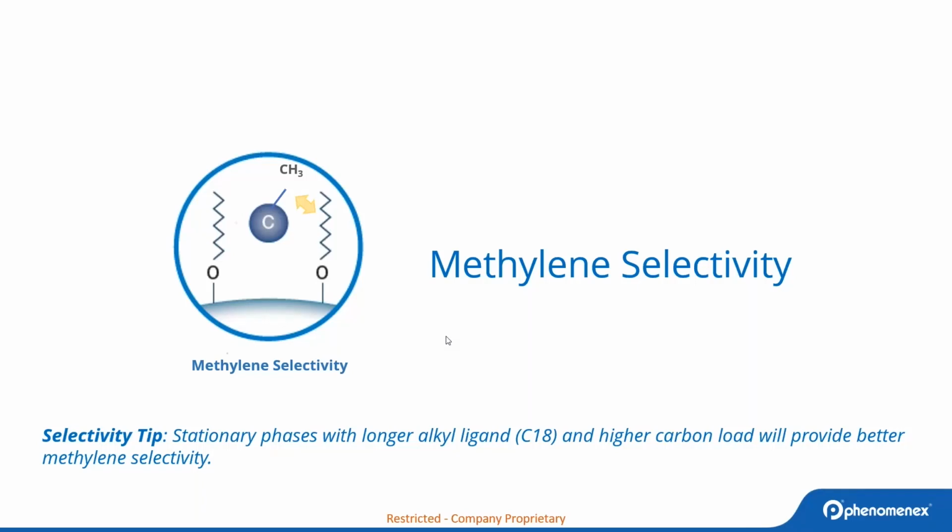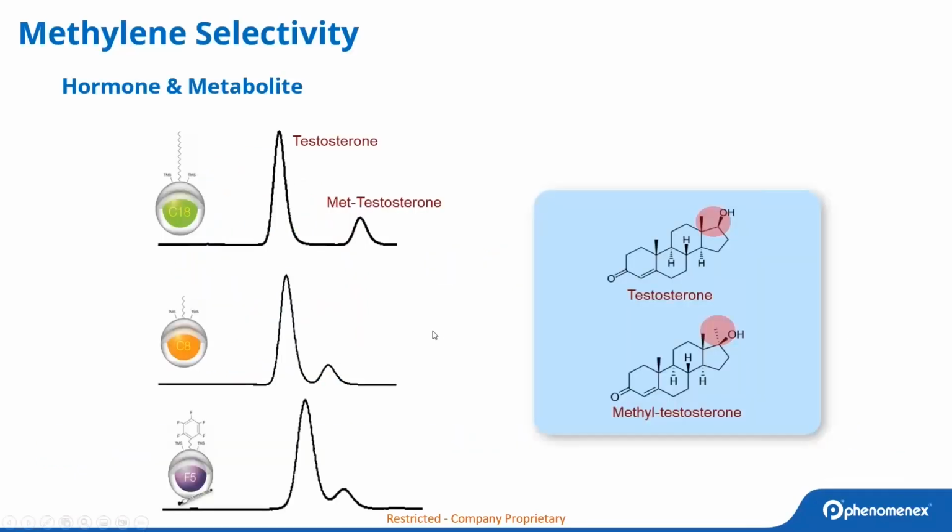A selectivity tip here is that stationary phases with longer alkyl ligands, C18, and higher carbon loads will provide better methylene selectivity. An example of methylene selectivity: here we have testosterone and methyl testosterone. The difference between the two is a methyl group. There's no other difference but the addition of one methyl group.